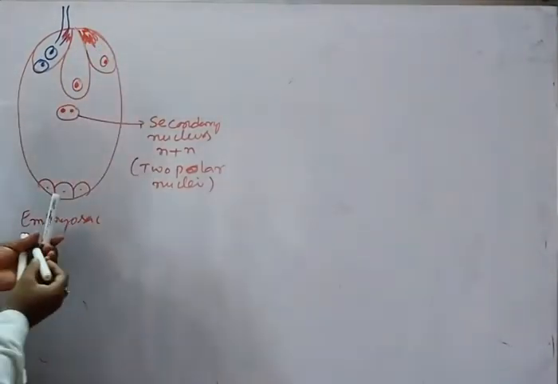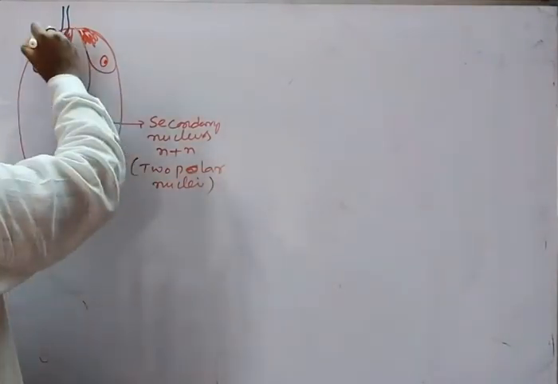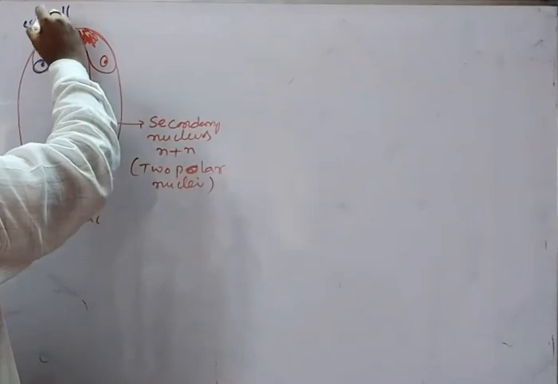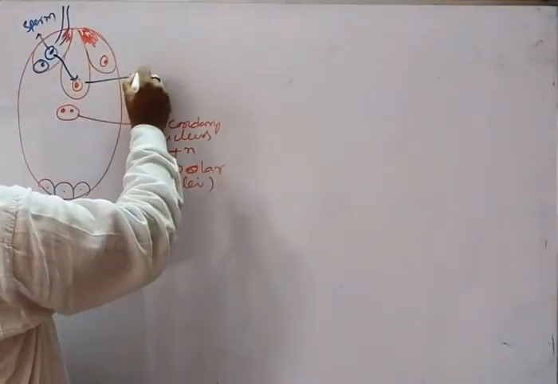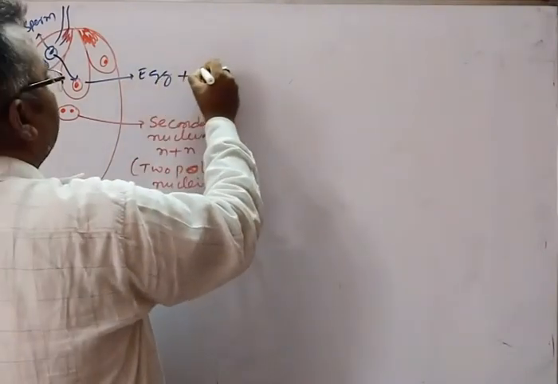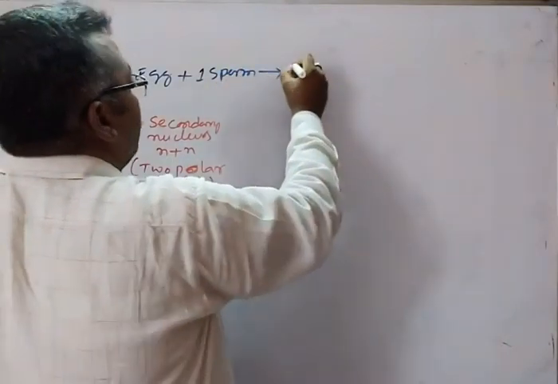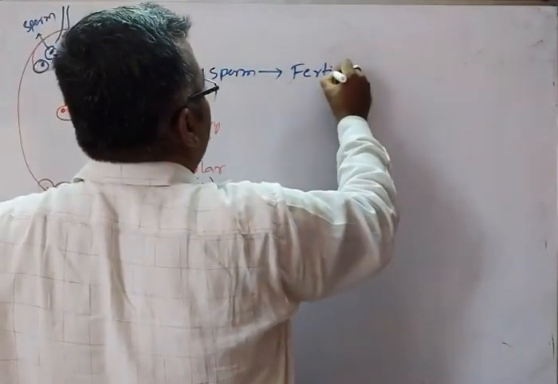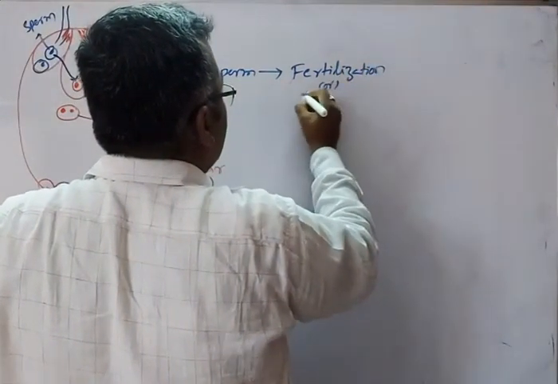Now I said 1 male gamete, this is the sperm, fuses with the egg. Egg plus 1 sperm is called fertilization or syngamy.